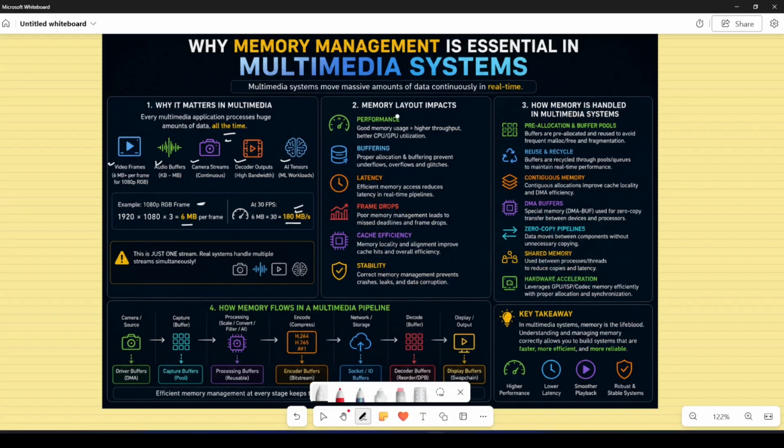So why does memory layout matter, and how does memory impact multimedia systems? There are different areas of impact if memory is not handled properly. Performance: if we don't have proper memory usage, we will not have proper GPU or CPU utilization.